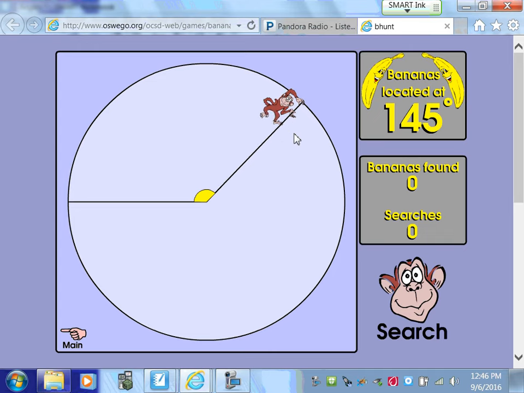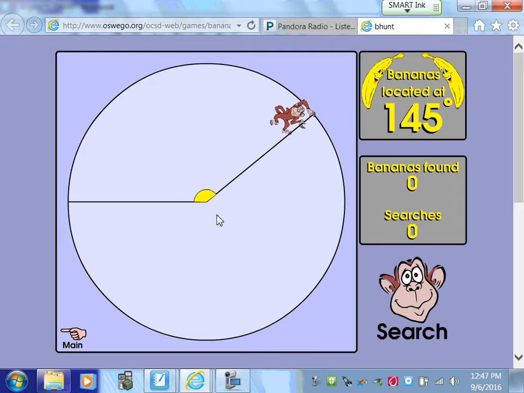Use the mouse on the computer. And then when you're ready, go search. Great. Doing great.